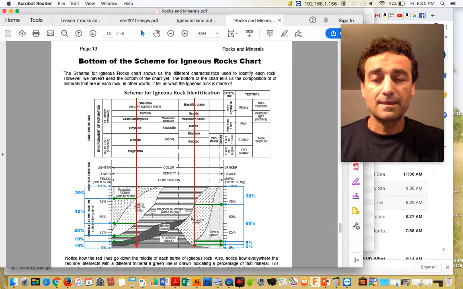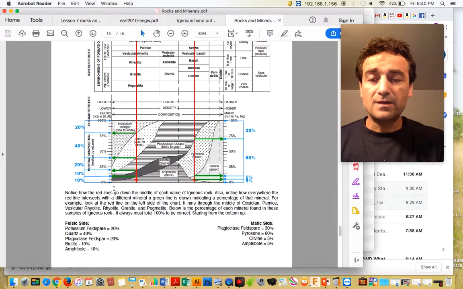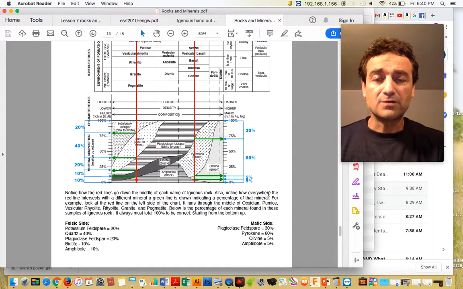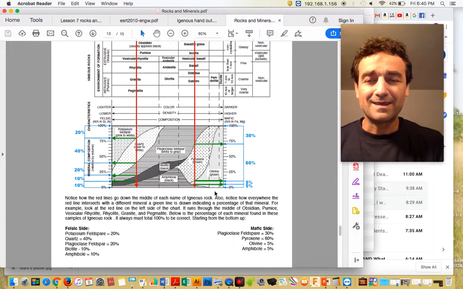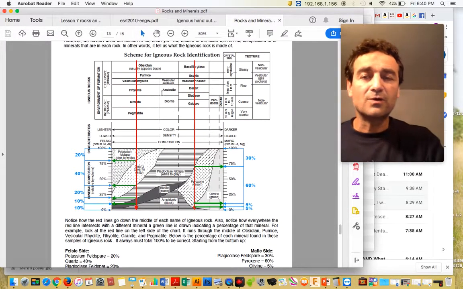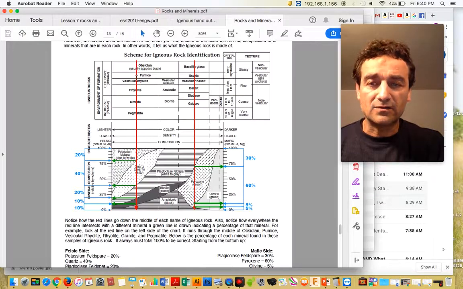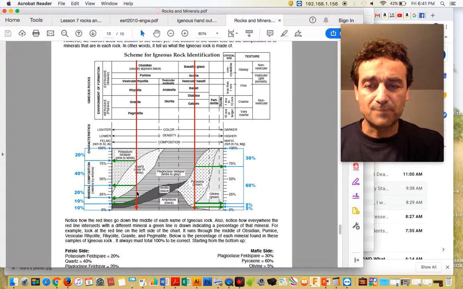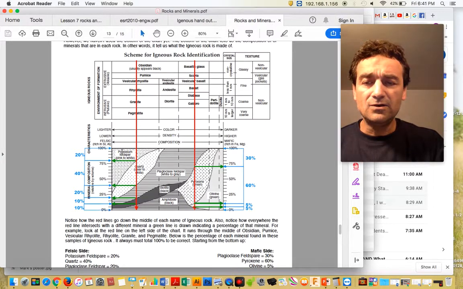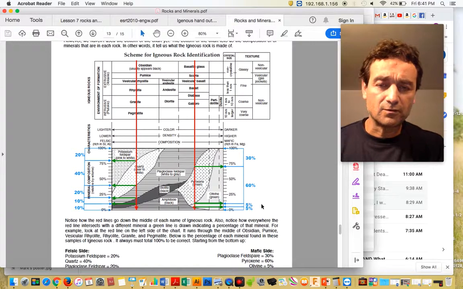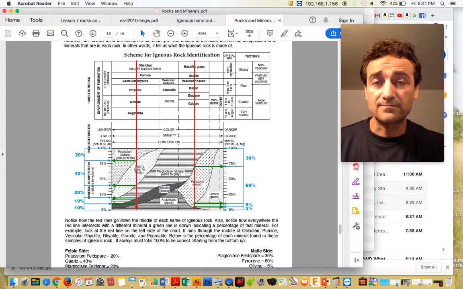Okay? So, this part here, I'm not going to read it, but I'll let you know what this says, because I want you to read it. Take a look at what I did here. I created a line. I went straight down the middle of each rock, all the way down to the bottom with these red lines. Then notice how the lines go off to the left or go off to the right, and they have percentages there.